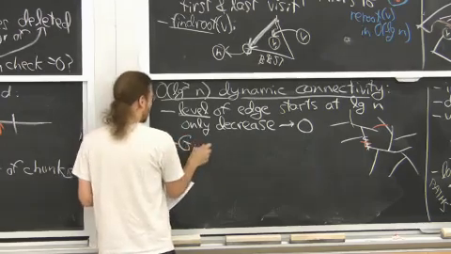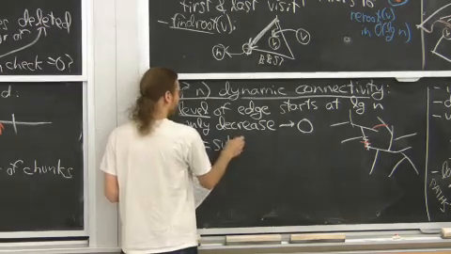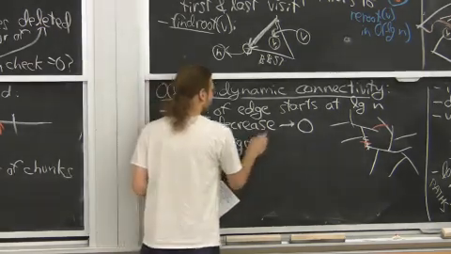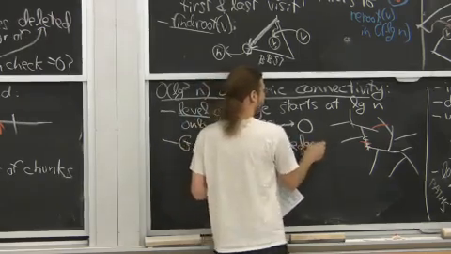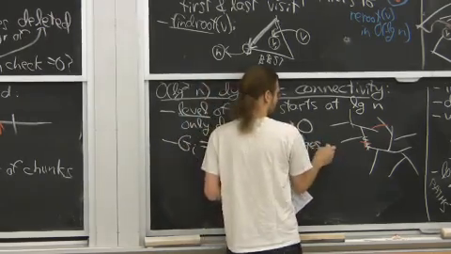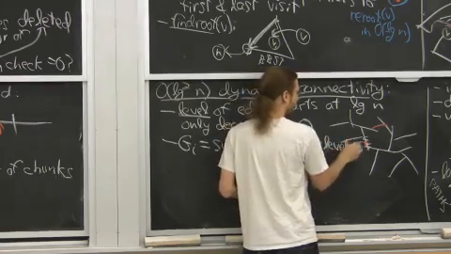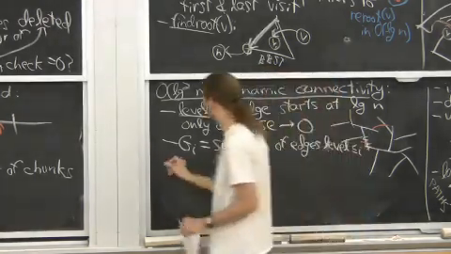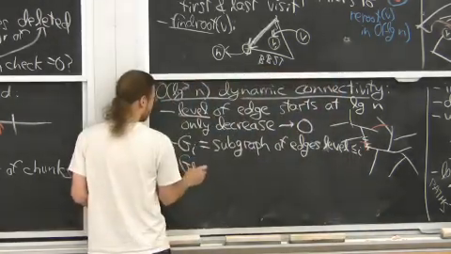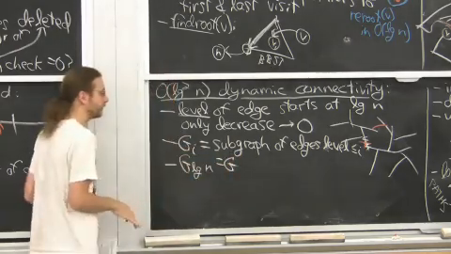Now G is my graph, and G_i is going to be the subgraph of lower level edges, so level less than or equal to i. In particular, G_log n is the whole graph. So we always include lower level edges.